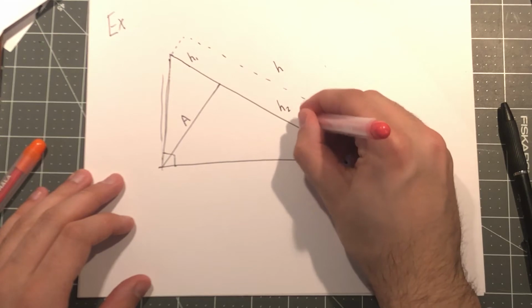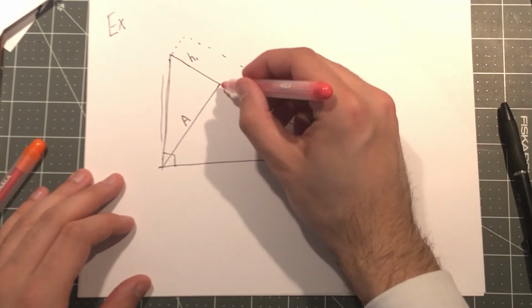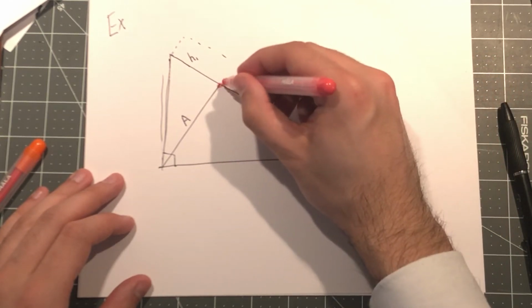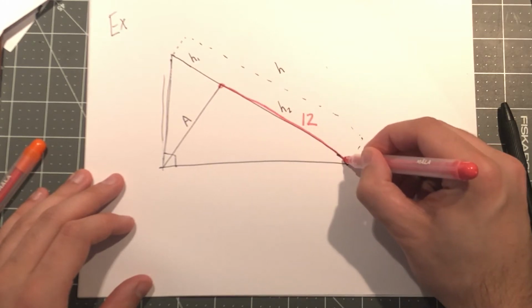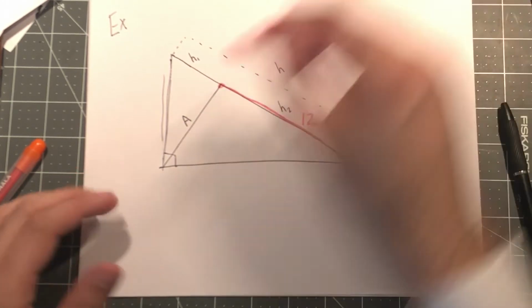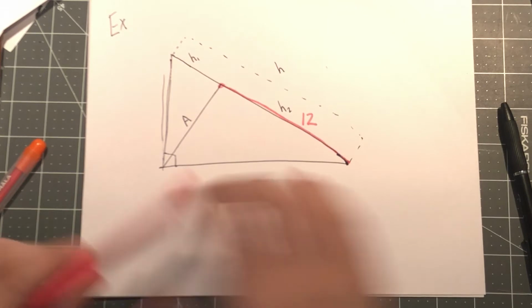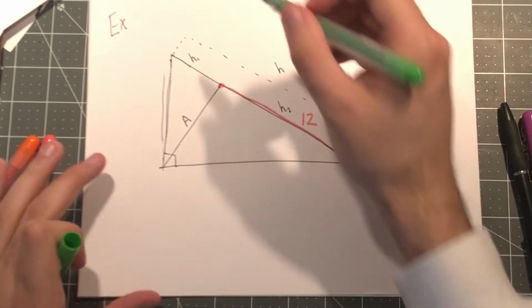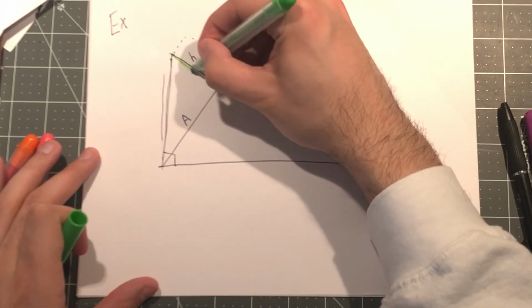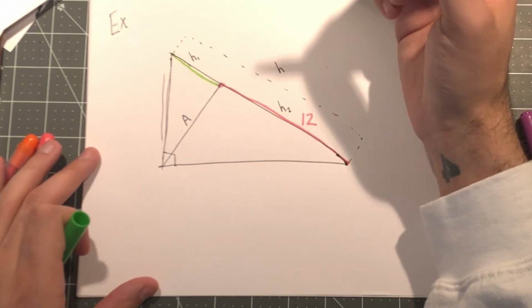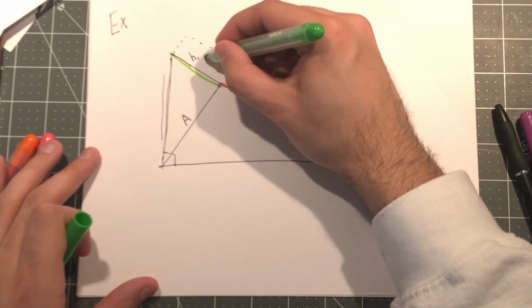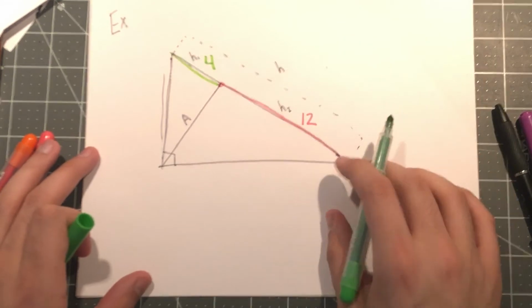Let's say this is 12 units long right here. So from this point all the way down here is 12 units long. And then let's say the other one is, what does that look like? Maybe 4. Let's say that's 4 units long.